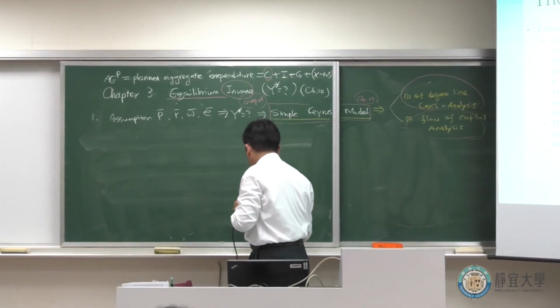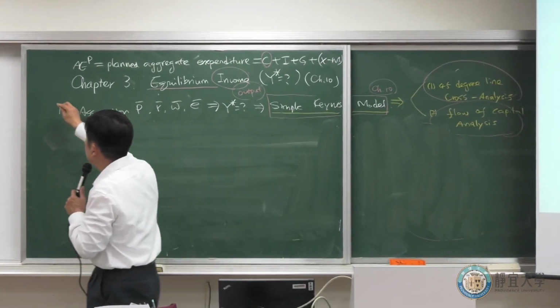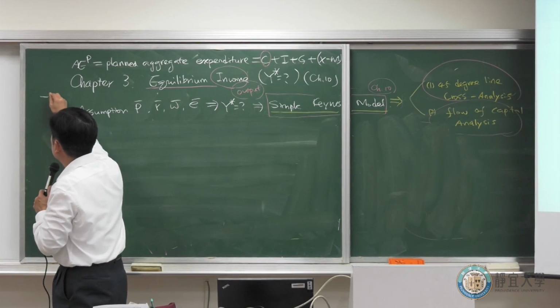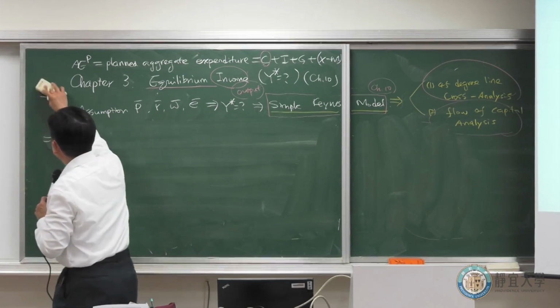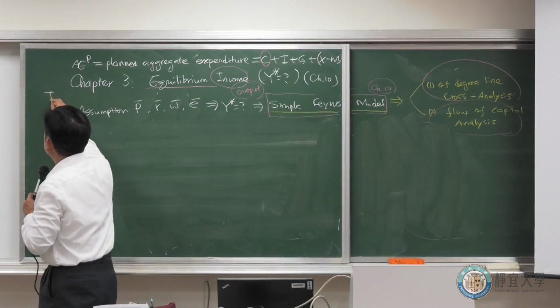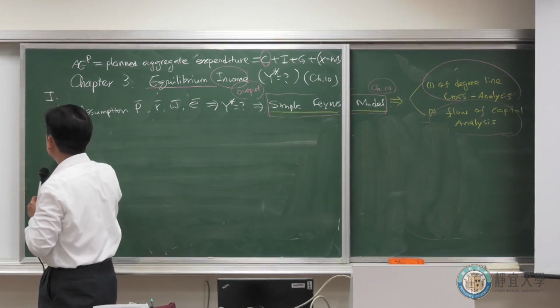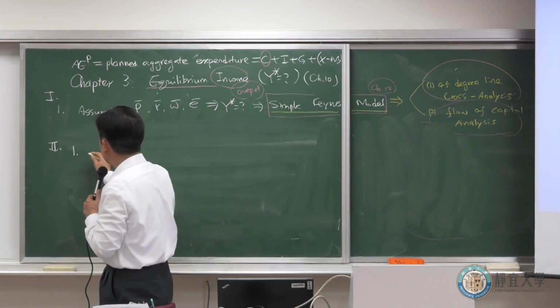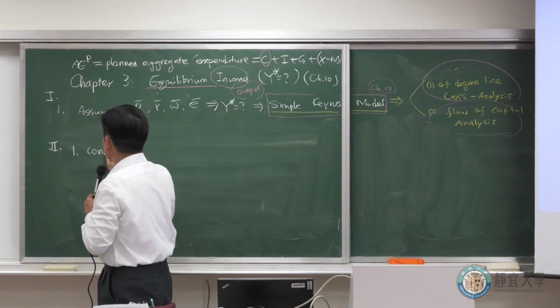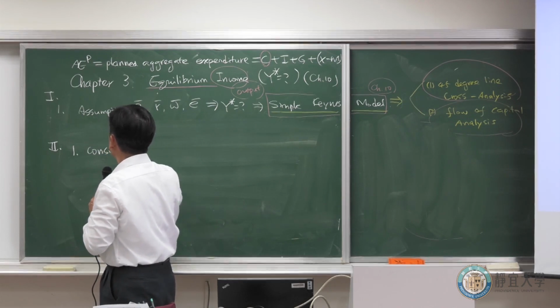Okay. So here maybe you can look at this, and this is the second. Maybe we can write it down like this one, and this is the second. The second one talks about the consumption function.